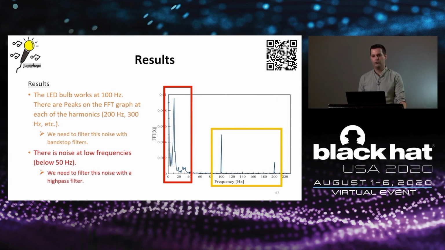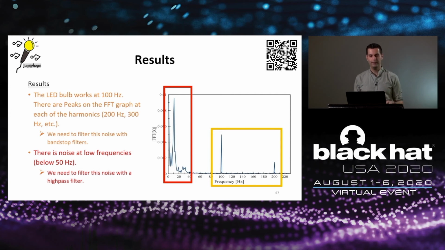We got two interesting results and conclusions. First of all, the LED bulb works at 100 Hertz. As a result, there are peaks on the FFT graph at each of the harmonics: 200 Hertz, 300 Hertz, etc. The first conclusion we made from this result is that we need to filter this noise with bandstop filters.